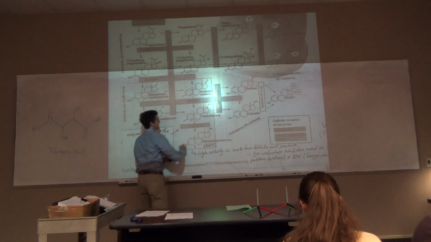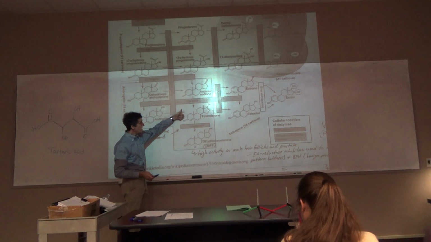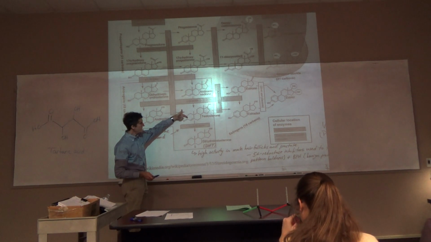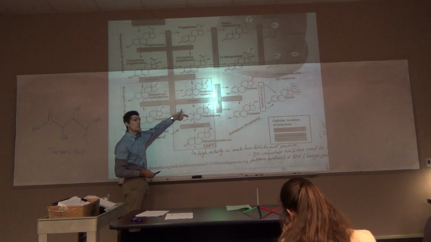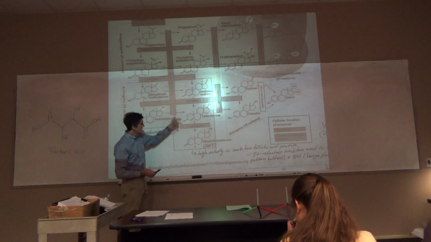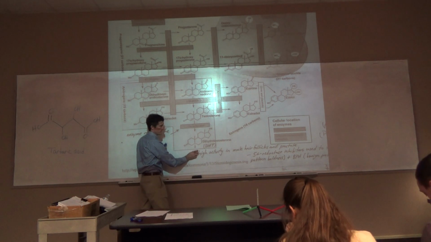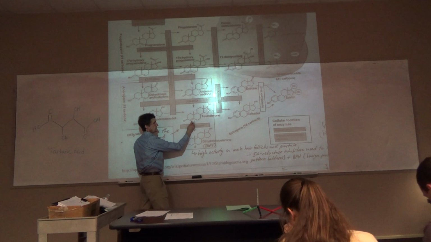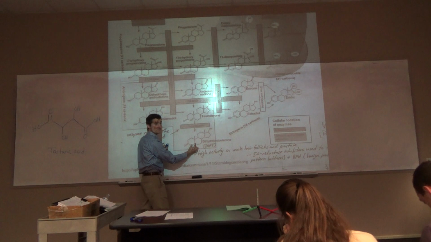Here's testosterone. Testosterone in the body, particularly the male body, is reduced to DHT. This alkene is reduced. H is added to each carbon. So 2 H's have been added.